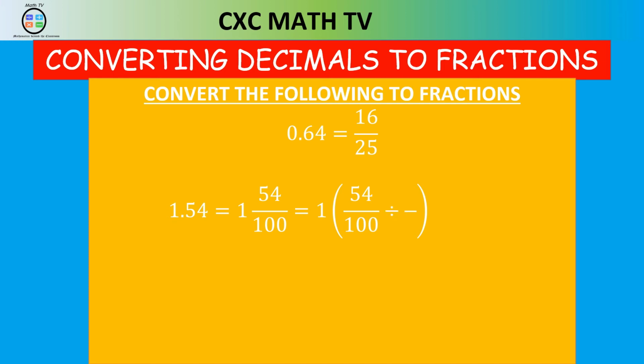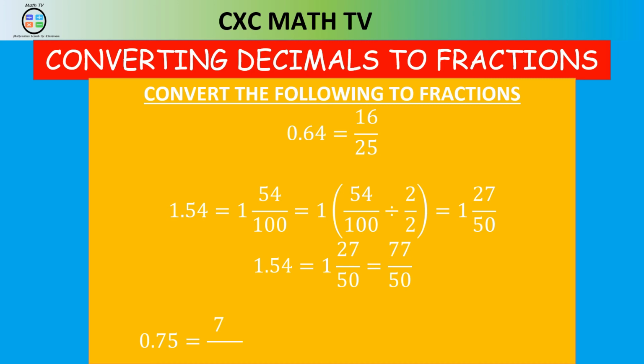So we're going to divide 54 and 100 by 2. 54 divided by 2 is 27. 100 divided by 2 is 50. So that's 1 and 27 out of 50. So 1.54 as a fraction is 1 and 27 out of 50, or we can write it as 77 out of 50.